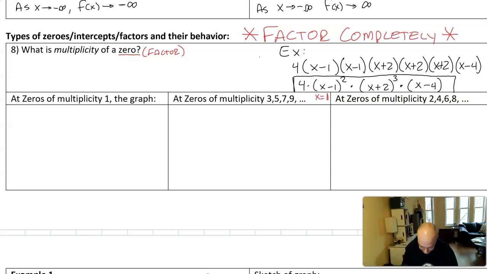But the multiplicity of a 0, back to this. What is it? It is the number of times its factor occurs in the fully factored form.